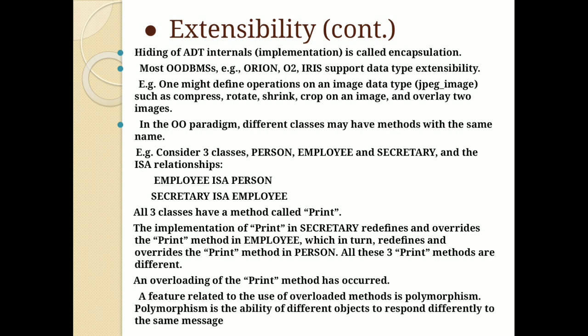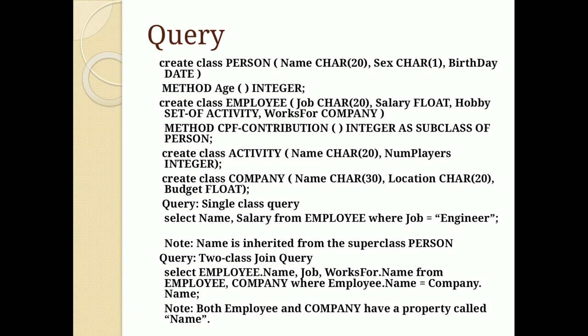So, a feature related to the use of overloaded methods is called polymorphism. Polymorphism is the ability of different objects to respond differently to the same message. Here, the type extent queries.